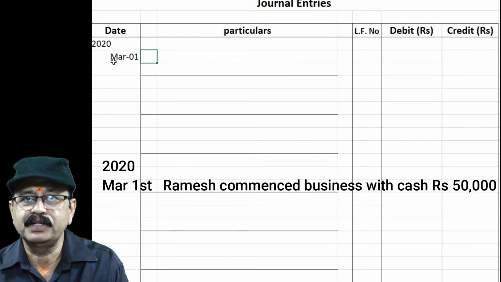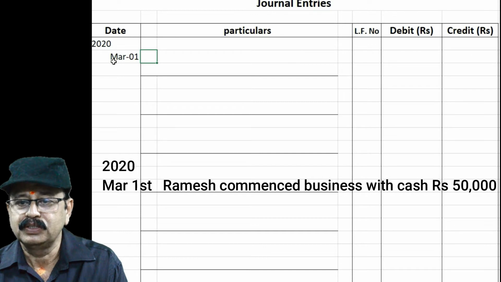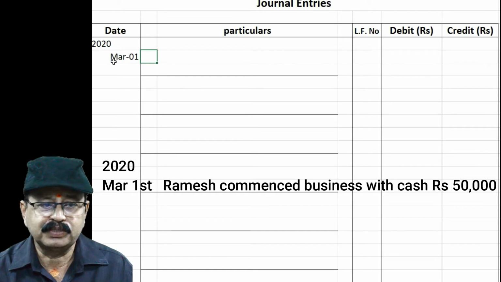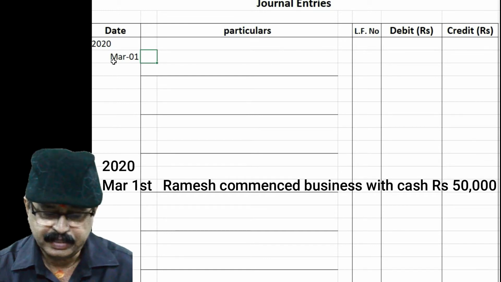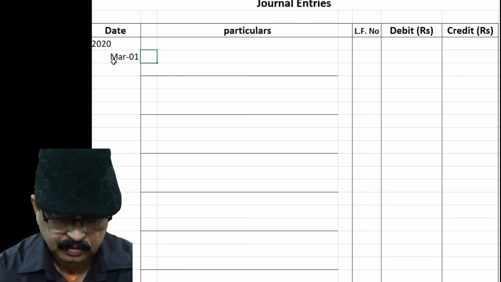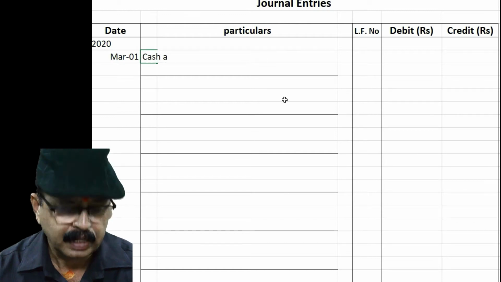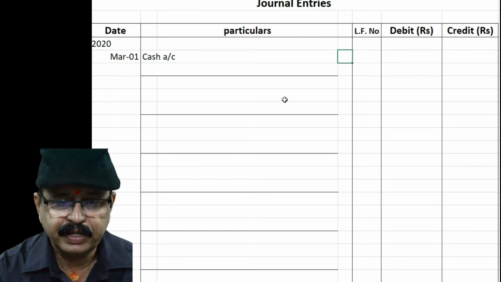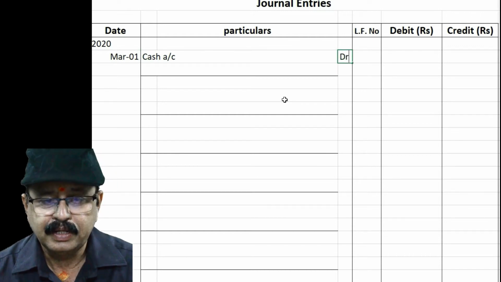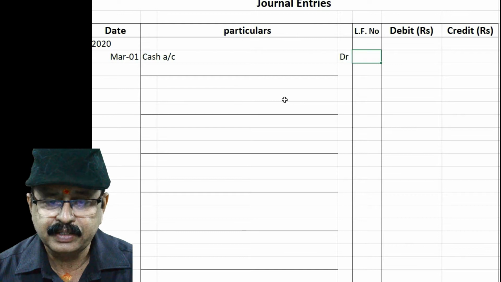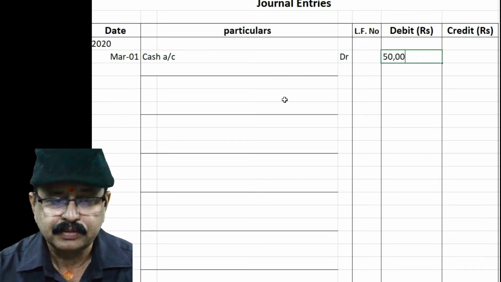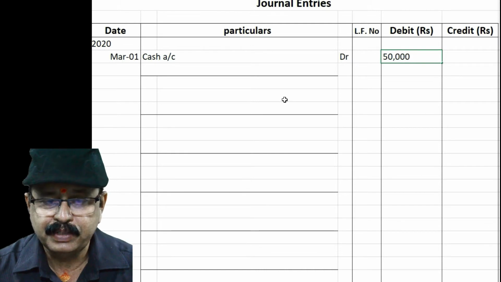When cash is coming, cash account is debit, and the capital account will be credited. So first we write cash account, then compulsorily Dr, debit. In the LF column we need not write anything. In the debit column we write the amount 50,000. So cash account is debit.